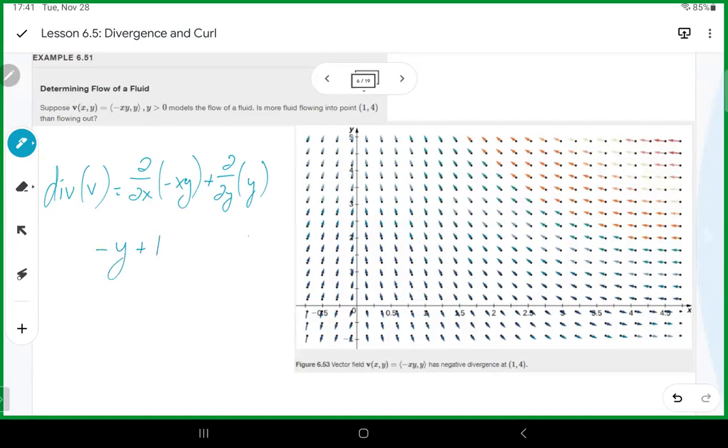And then now if we substitute in the 1,4, we're going to get minus 4 plus 1, which is a negative 3. Since the divergence of V at 1,4 is negative, more fluid is flowing in rather than out.